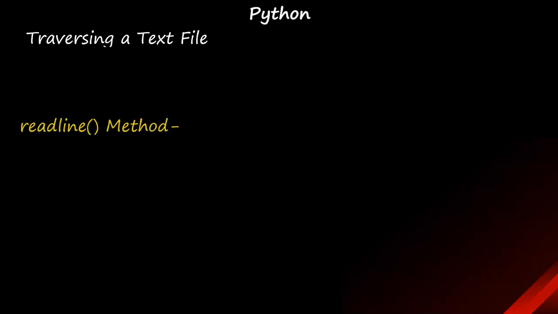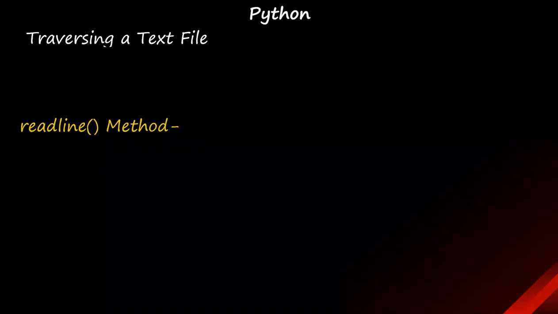So traversing includes the readline method, which reads the file line by line. Now we are reading the characters, reading spaces, jumping here and there, moving forward, moving backward. Like this, we can read an entire line, which is readline.